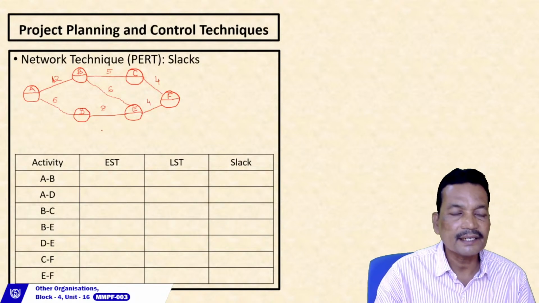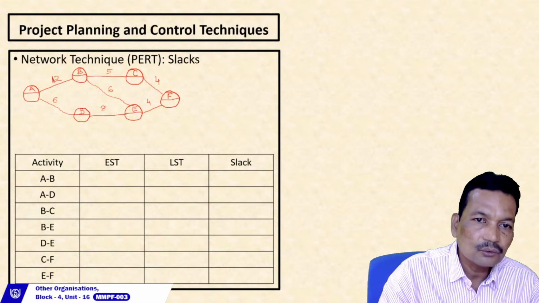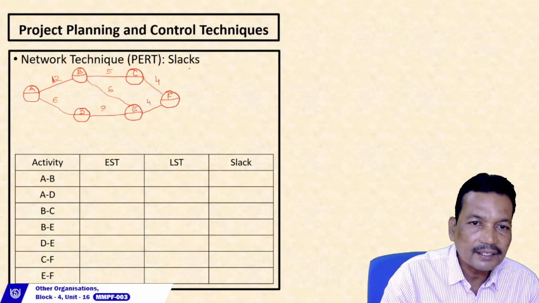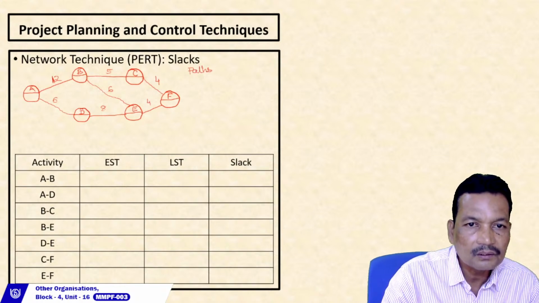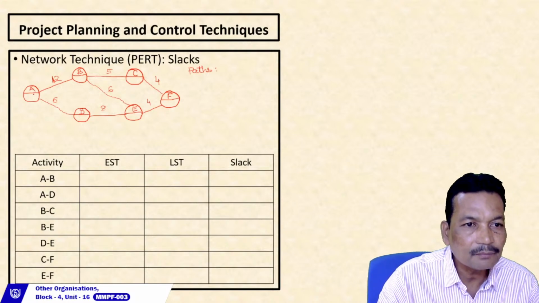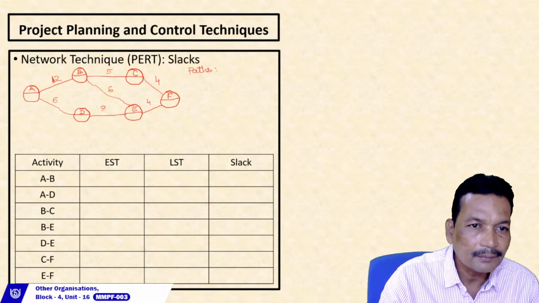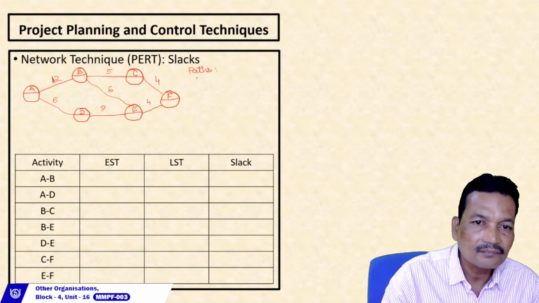Now first I have to locate the duration of the project. So I try to find out the possible paths. When I say paths, that means from the starting point till the ending point, I have to move without lifting my pen or finger. One is A, B, C, F. You can check yourself.